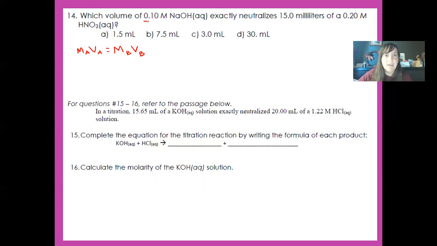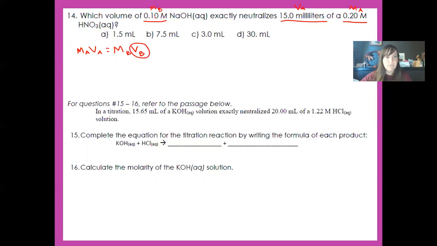So here we've got 0.1 molar of sodium hydroxide, which is a base. So that's molarity of the base, MB. Here we've got 15 milliliters of HNO3 nitric acid, so that's a volume of the acid. And here's the concentration of the acid. So that means we must be looking for the only thing we don't have, which is VB.